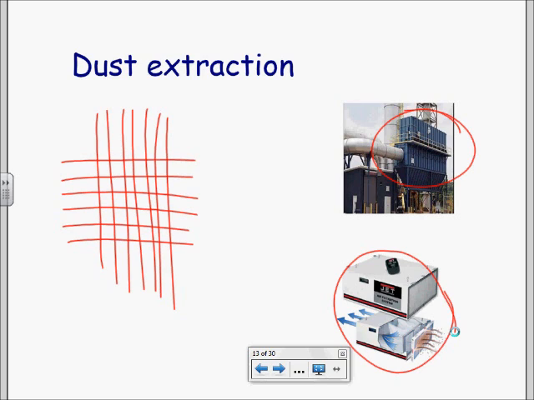Same sort of thing here. You connect this grid to a high voltage, and as the dust particles try to pass through the grid, they are attracted to the grid and therefore cleaned out of the air, so that the air that exits from this chimney stack is effectively cleansed of that dust.